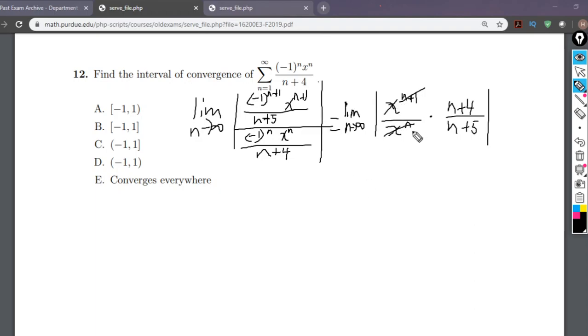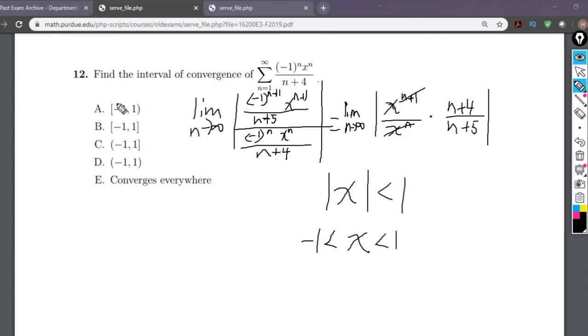And then since there's no n left in the equation, we can just take the limit out too. So we have the absolute value of x is less than 1. And then taking the absolute value out, we'll get the interval to be -1 to 1.